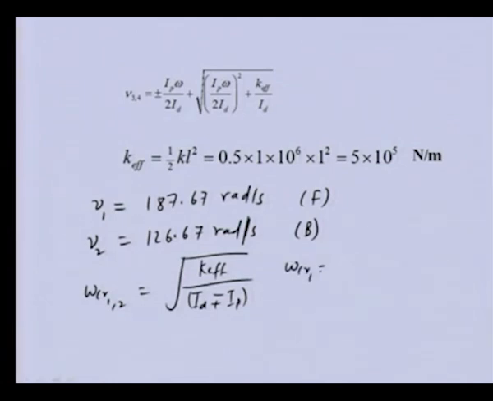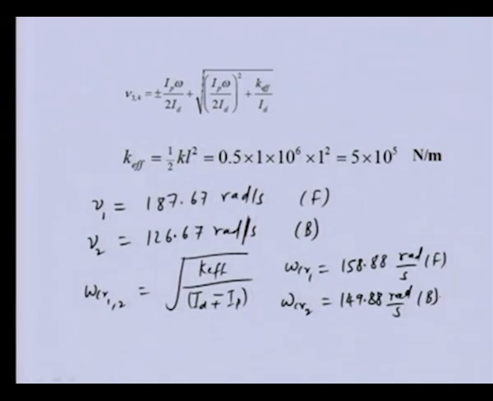We will get the critical speeds as 158.88 radians per second, and the second one is 149.88. This is corresponding to the forward whirl critical speed, and this is the backward whirl critical speed.